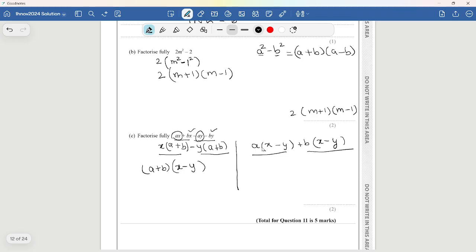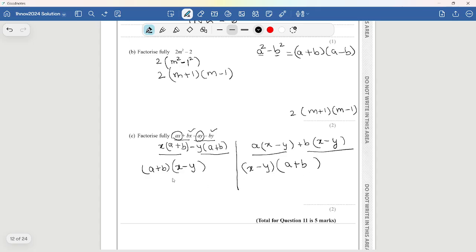First term is a times x minus y, and the second term is b times x minus y. From these two terms, x minus y is a common term which can be factorized further. If I take out x minus y, what remains will be a in the first term and b in the second term with a plus sign in between.